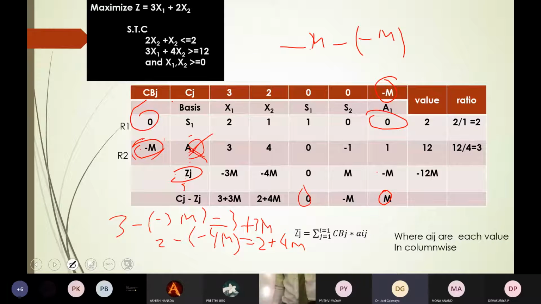Now, the important point: which Cj to choose?